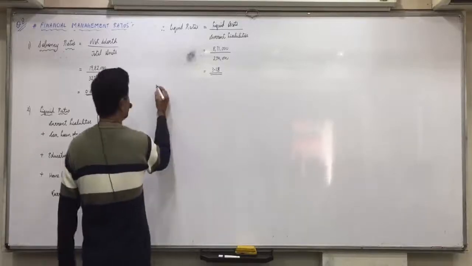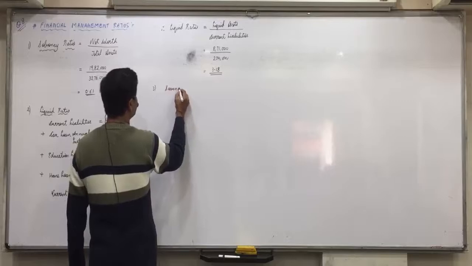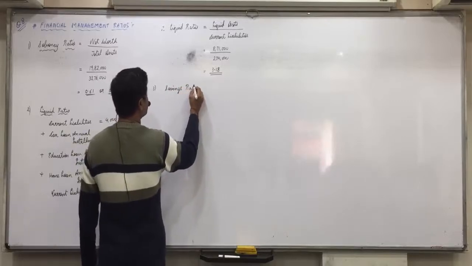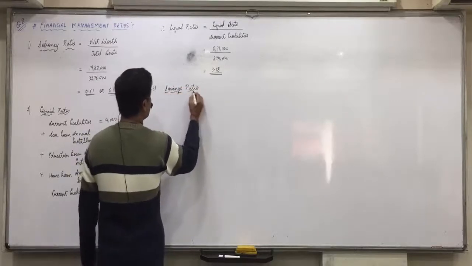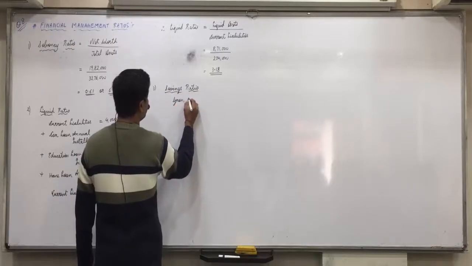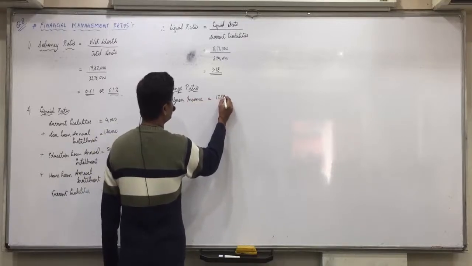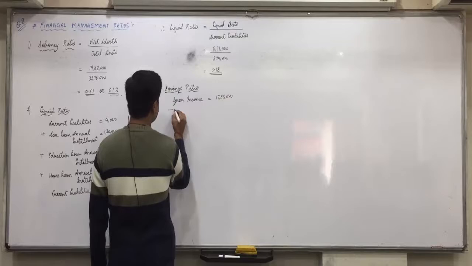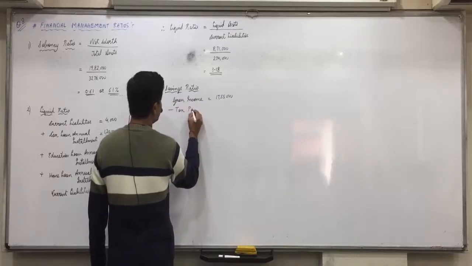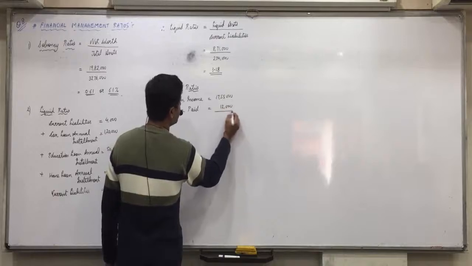So write down. Savings ratio. Total income or gross income is 17,55,000 minus tax paid is 12,000.